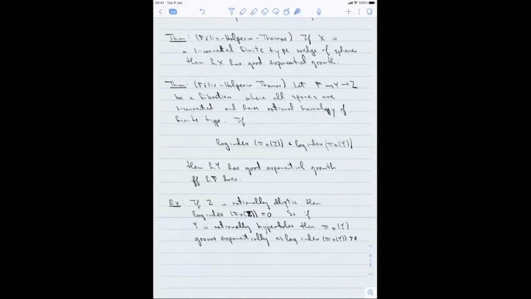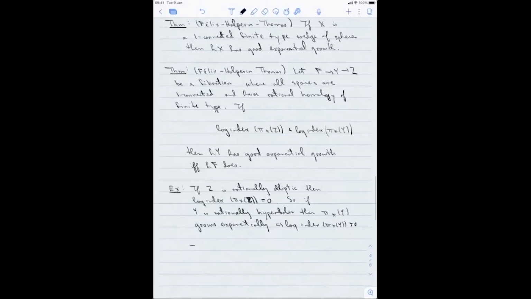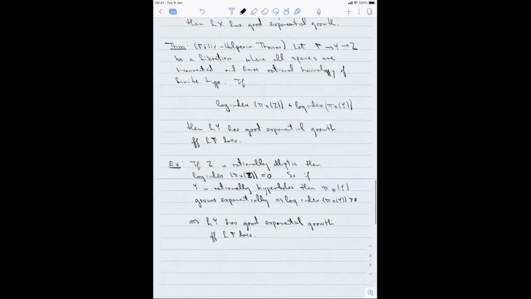And that means we're in a position where this inequality is satisfied. So the free loop space on Y has good exponential growth, if and only if the fiber does. So this theorem of Felix, Halpern, and Thomas works really well in the case where Z is rationally elliptic and Y is rationally hyperbolic.